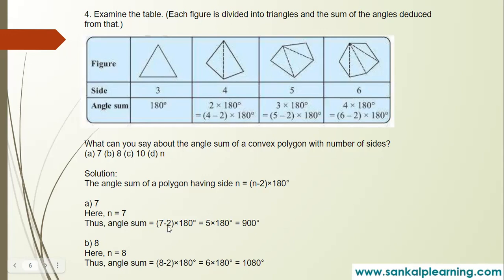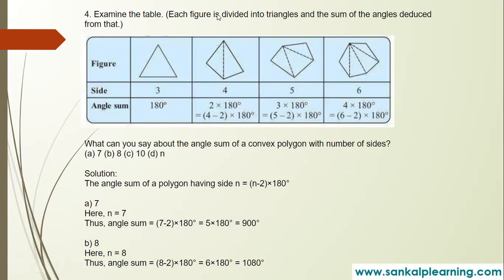Write the number of sides minus 2 into 180. The formula is n minus 2 into 180. Here we put 7 in place of n, 7 minus 2 into 180. 7 minus 2 is 5. 5 into 180, that is 900. Okay, children.